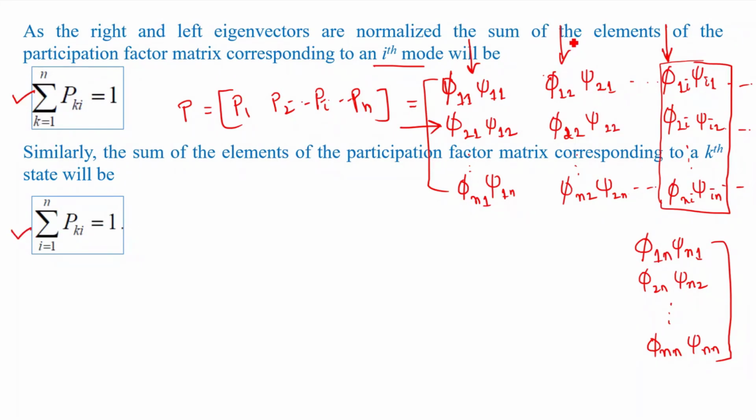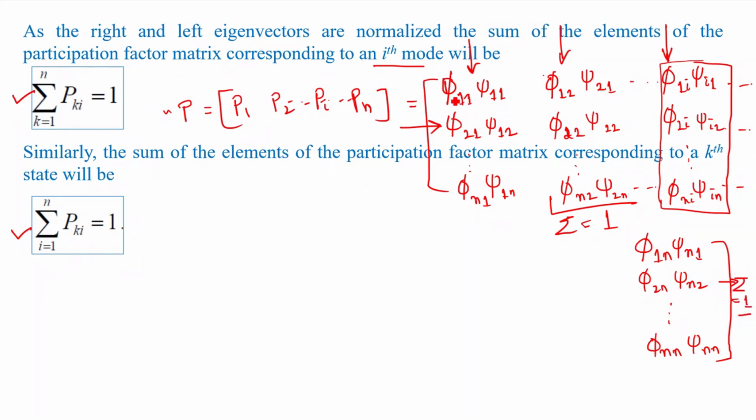That means if we add the elements column wise of a particular column in the participation matrix, the summation will give me 1. And also if we add row wise of a particular row, the sum of the elements in that row will also give me 1, right?